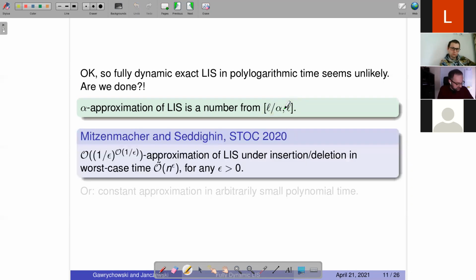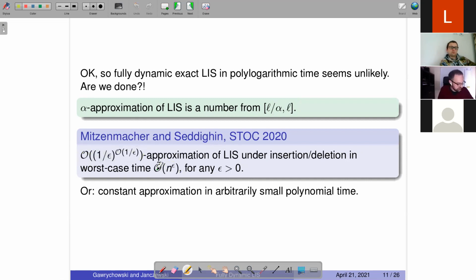And there was a paper by Mitrović and Saks in STOC 2020. So they showed that you can maintain some approximation, 1 over epsilon to 1 over epsilon with some constant factors, under insertions and deletions in n^epsilon time with some polylogs.